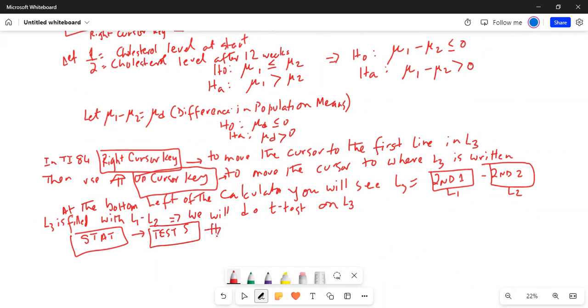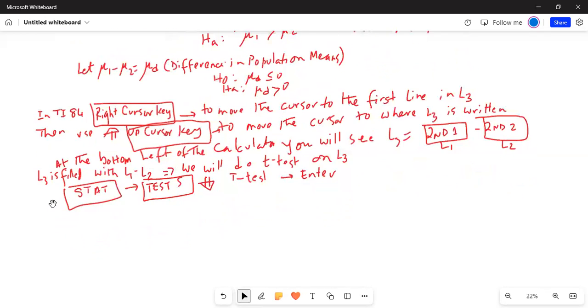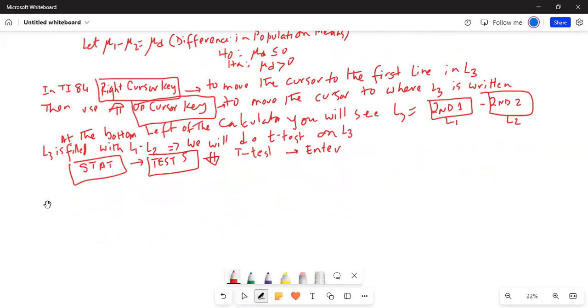Then scroll down to t-test and hit enter. Input.